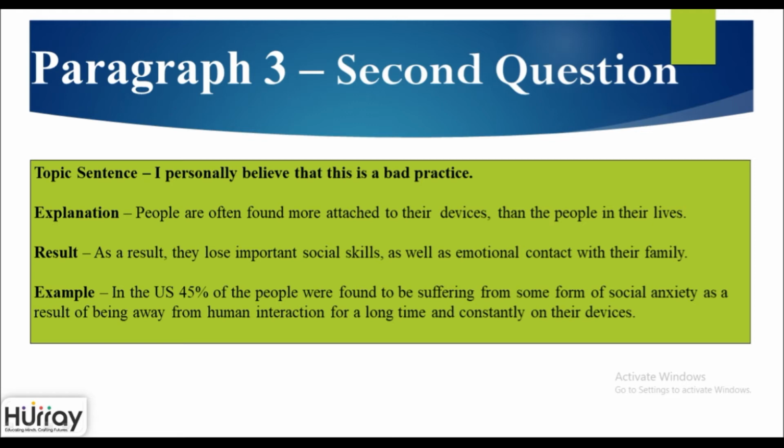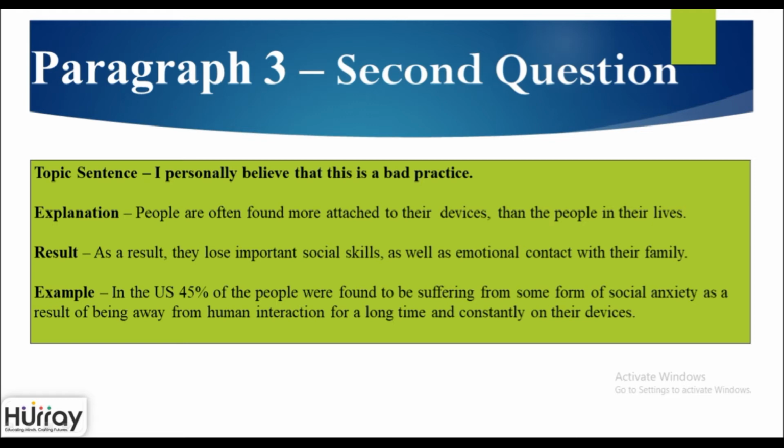As in this case, the writer says, people have often been found more attached to the devices than the people in their lives. So, elaborating upon the bad practice, since the entire essay was about communication and how technology has actually hampered communication, this is one particular take that you can give.